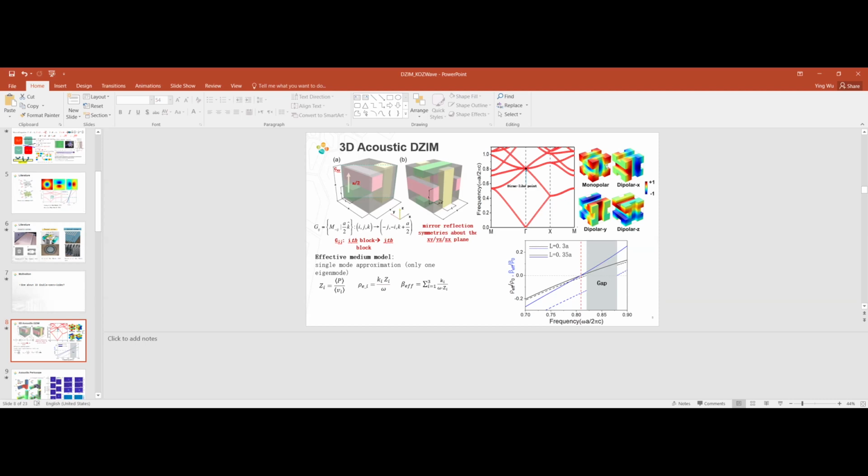So how do we make the dipole and the monopole more sensitive when you adjust the material parameters? We eventually found this structure is the best. There might be other structures, I have to say, but we didn't find them.